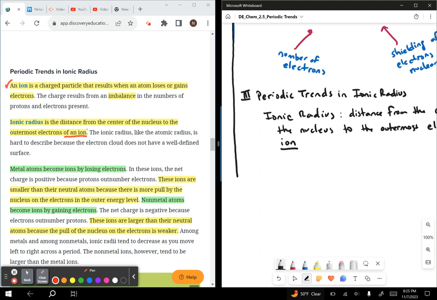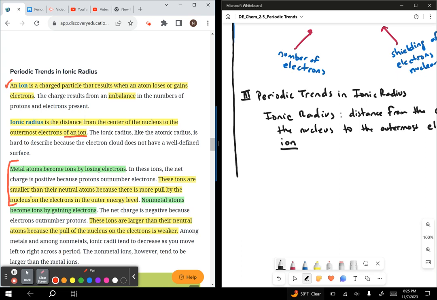They're hard to describe, just like atomic radius, because electrons are all over the place. Metal atoms become ions by losing electrons. These ions are smaller than their neutral atoms because there is more pull by the nucleus on the electrons in the outer energy level. We're reading this part right here.